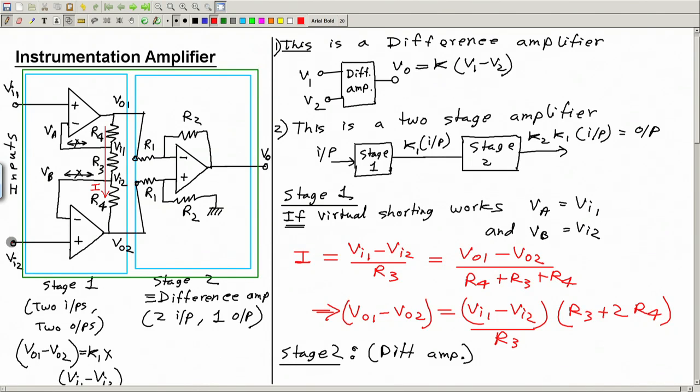When you connect the inputs, let me say it on a different slide.